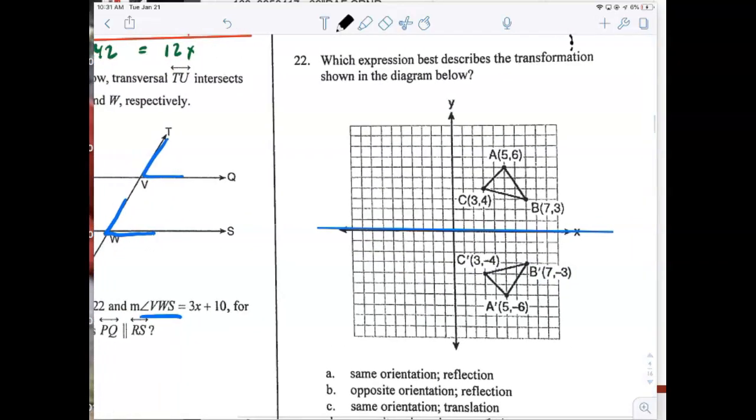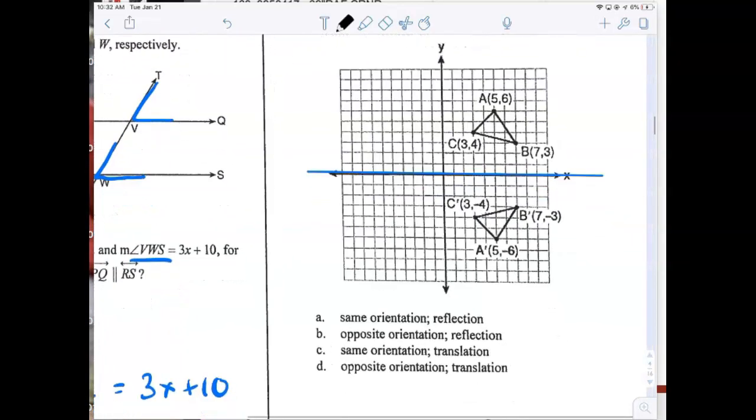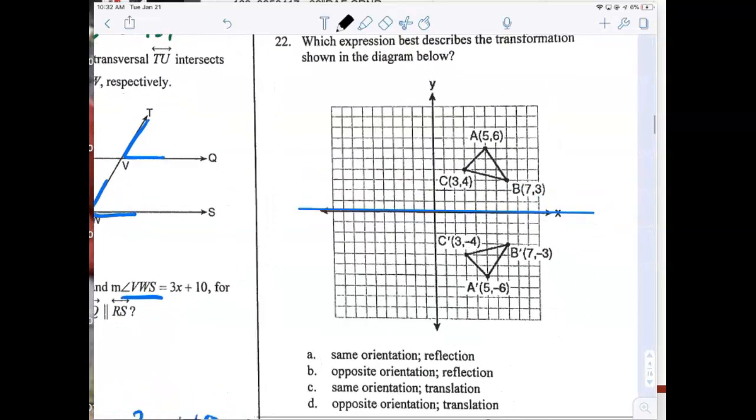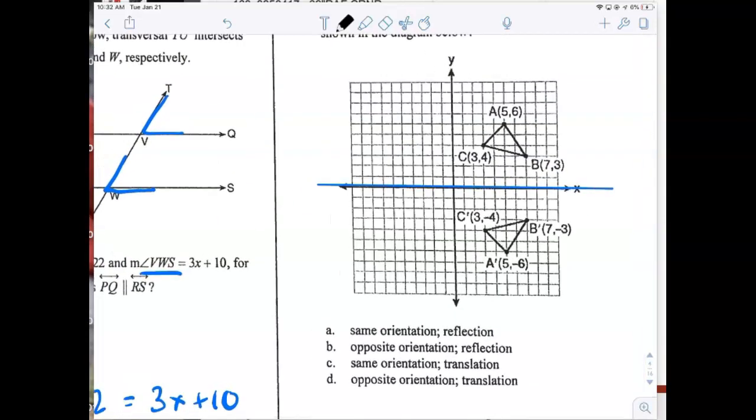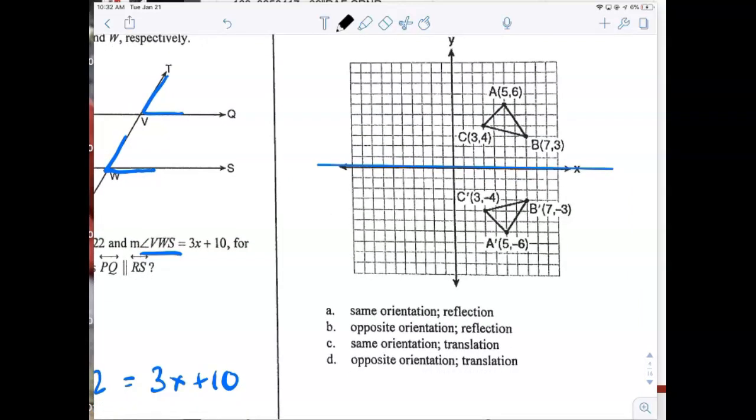We talked about orientation in our last video, but if you look at question 22, this is a great SAT type of question because we use process of elimination here. How are we getting the pre-image, this first one here, to our image? If you notice, B and B prime line up, and then A and A prime flip over.